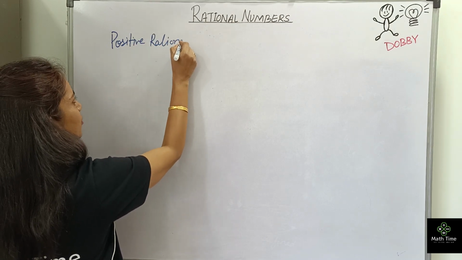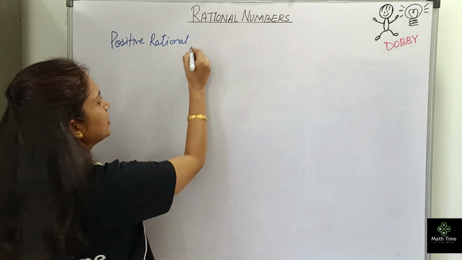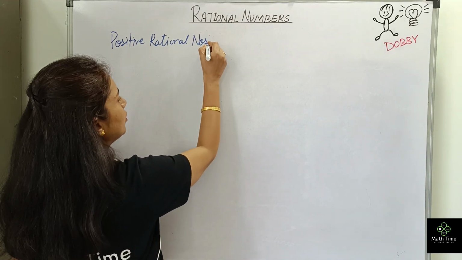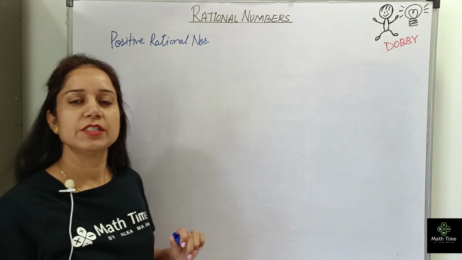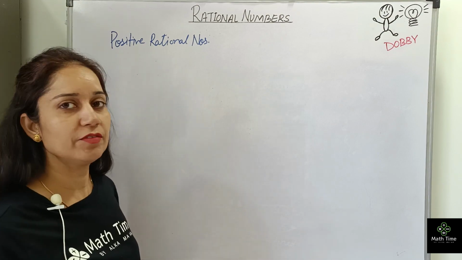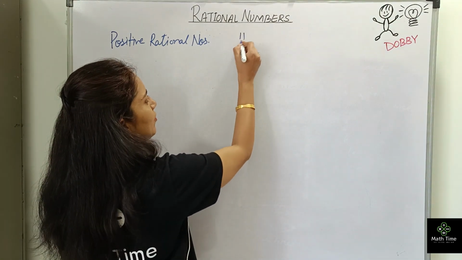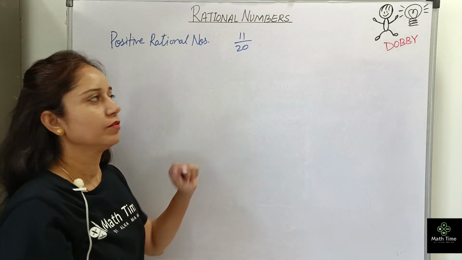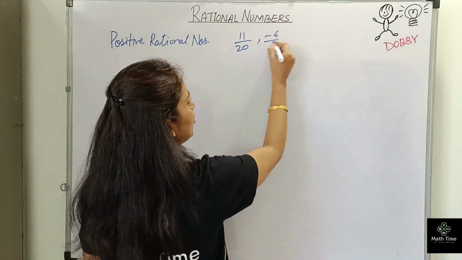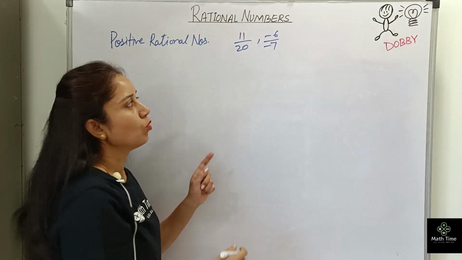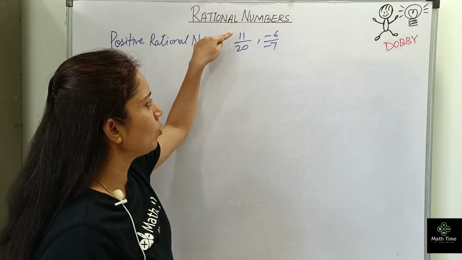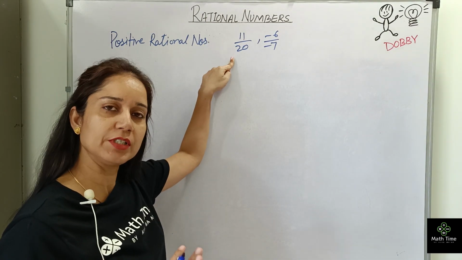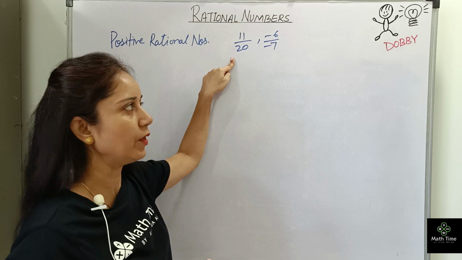As the integers are positive integers, negative integers, same ways rational numbers are also positive rational numbers, negative rational numbers. So what are positive rational numbers? See, 11 upon 20, minus 6 upon minus 7. What you can observe here? Here both the numerator and denominator are positive in the first one, 11 upon 20.